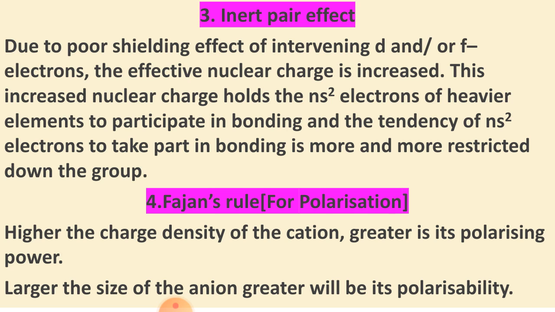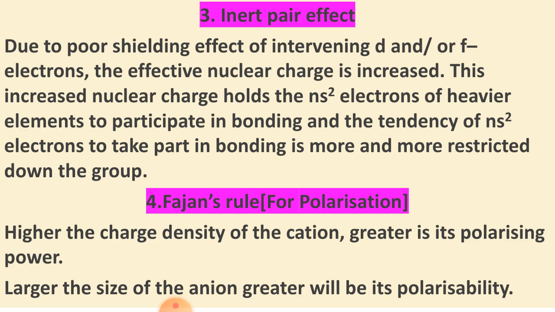So now students, how to find the small size of cations? If cations have more positive charge, in that condition the size of the cation will be smaller and smaller. Similarly, anions having more negative charge have larger sizes. So this rule governs the small size of cations and large size of anions.